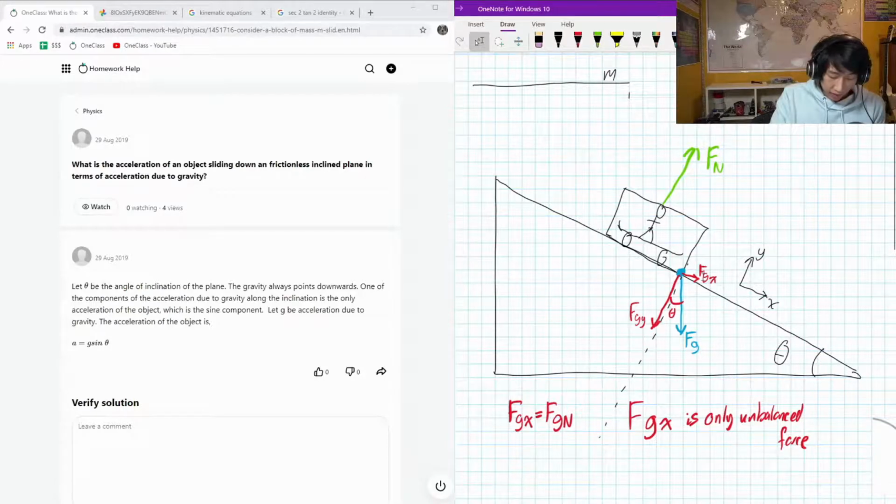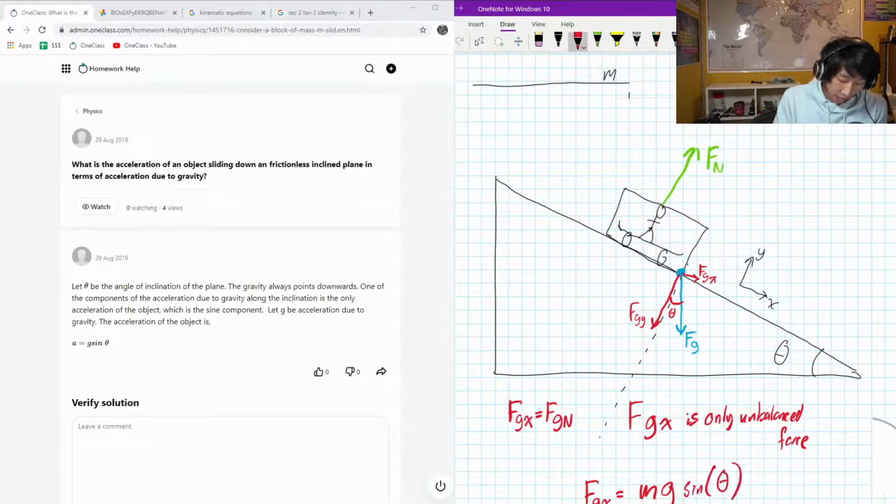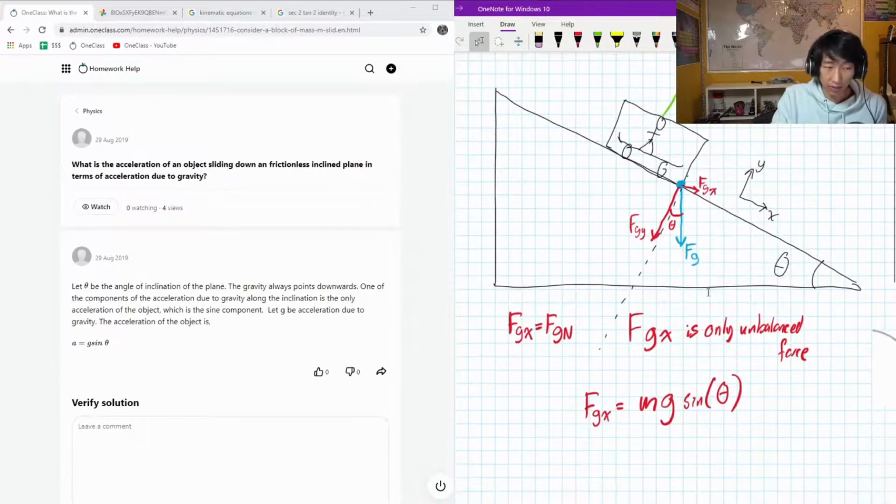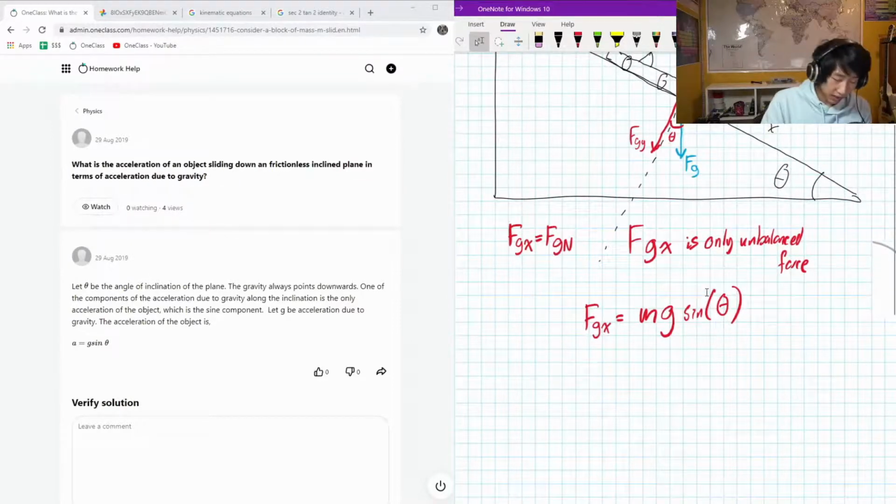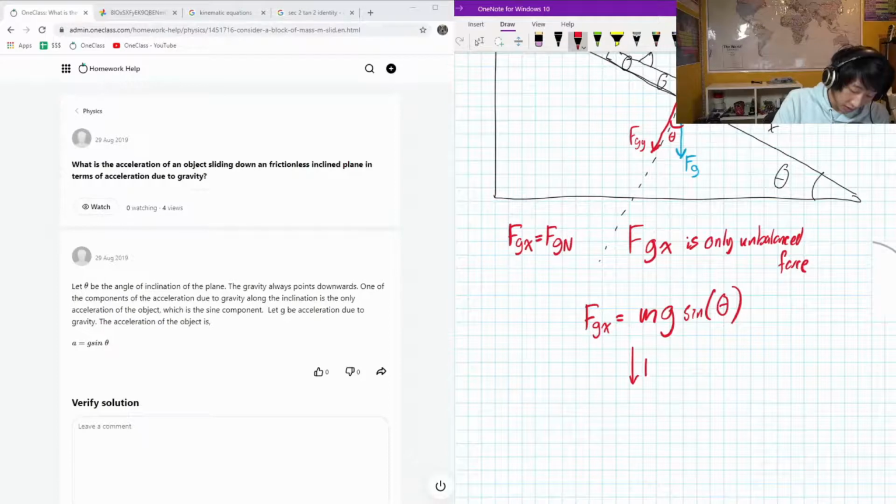So if we wanted to get the Fgx component, this is just going to be equal to our mass times gravity. That's the regular Fg. And then we have to multiply by the sine of the angle of the slope. Okay, so that's pretty cool, fine and dandy. And if we wanted to extract the acceleration, divide out mass for acceleration, we get a equals g sine theta.